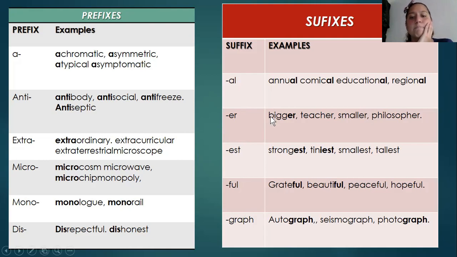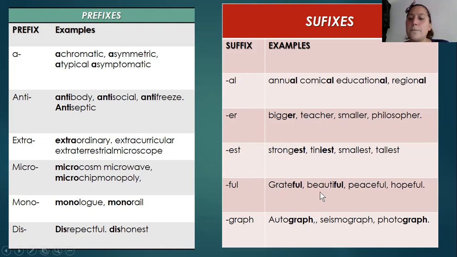When you make a comparative adjective, you have to add er. So these are suffixes. Bigger. In this word teacher, we have the verb teach. But when we add er, we create a new word that is a noun, a person who teaches other people.